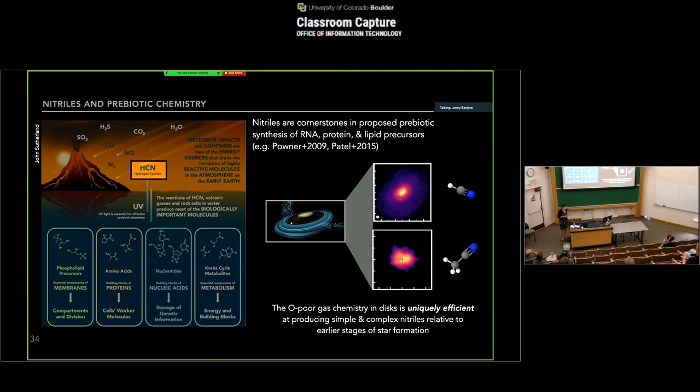So the fact that in the protoplanetary disk stage we seem to be uniquely producing both simple and complex nitriles speaks to maybe the disk stage playing a really important role in producing these prebiotically important nitriles that may seed subsequent chemistry on planets.